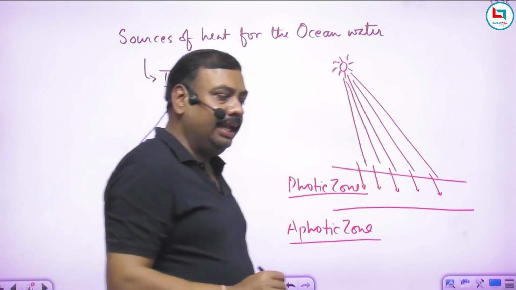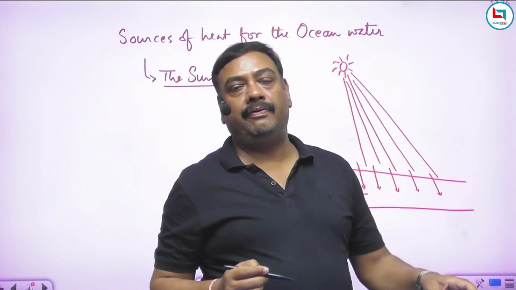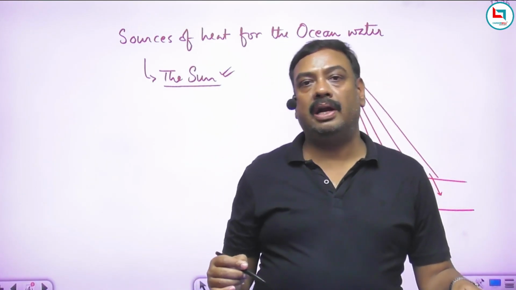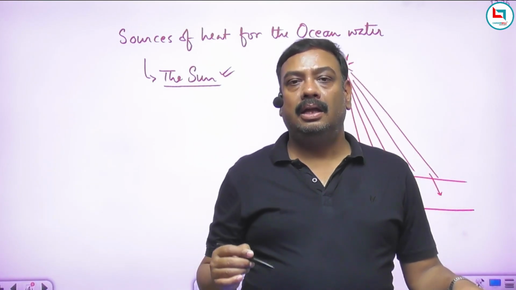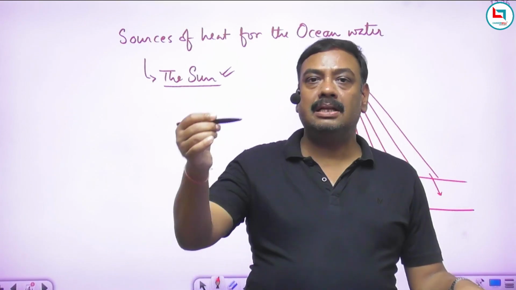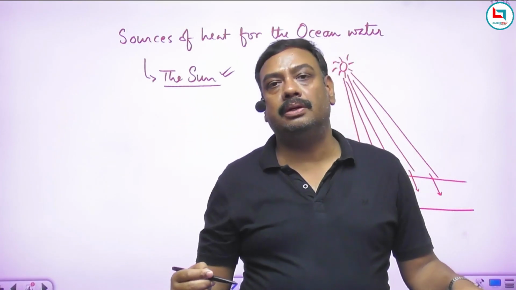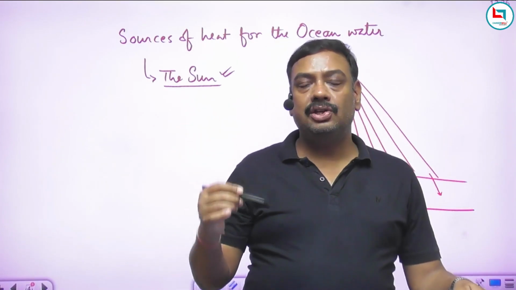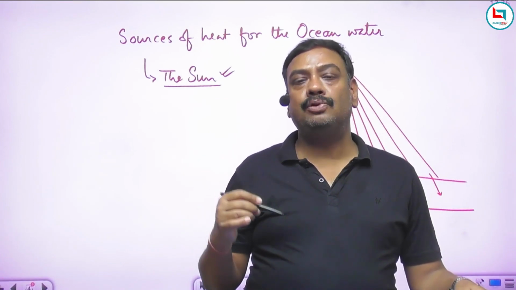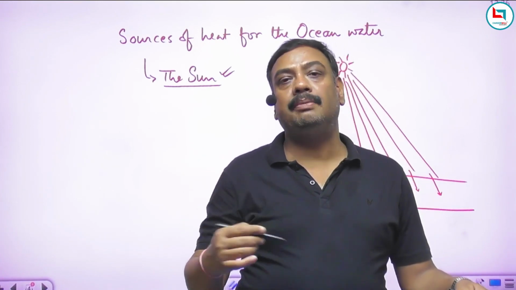So normally it is observed by the geographers and the oceanographers that in the ocean water, from the surface of the ocean, the radiations are able to penetrate up to a limit of 200 meters.